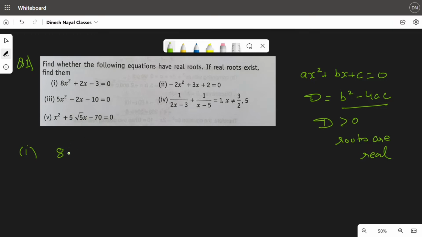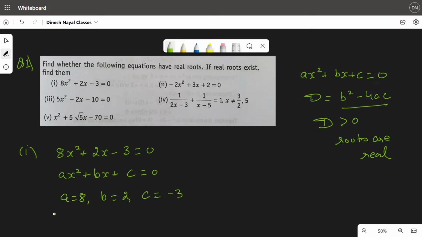Writing it over here, 8x square plus 2x minus 3 equals 0. Now comparing it with the general equation ax square plus bx plus c equals 0, we get a equals 8, b is 2 and c is minus 3.